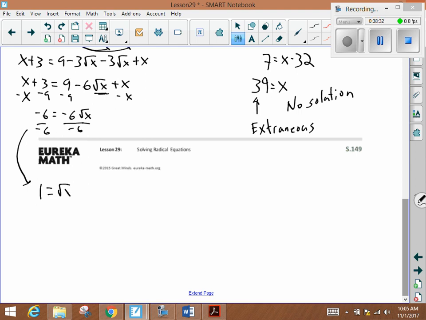So when I square both sides, I wind up with 1 squared equals x, or x equals 1. That's lovely. We are going to have to plug it back in.